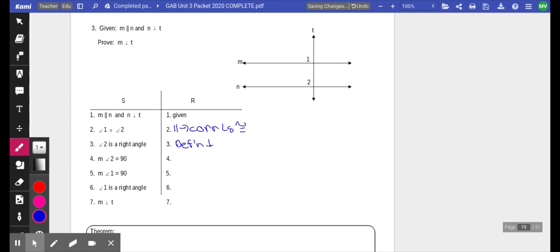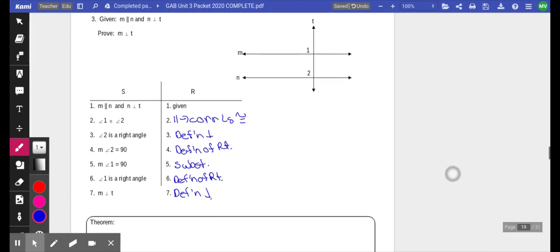Measure of angle 2 equals 90, and that's the definition of right. Angle 1 equals 90 because of substitution. And therefore 1 is a right angle, which is the definition of right. And therefore M is perpendicular to T, which is the definition of perpendicular.